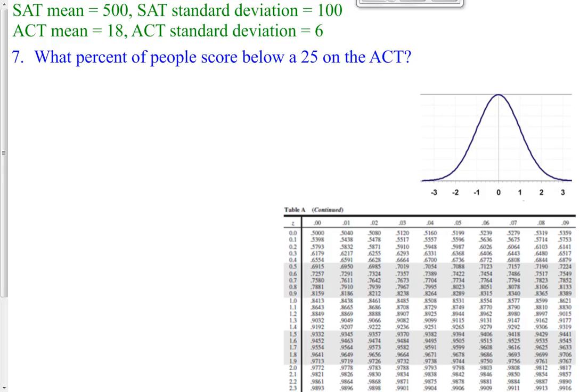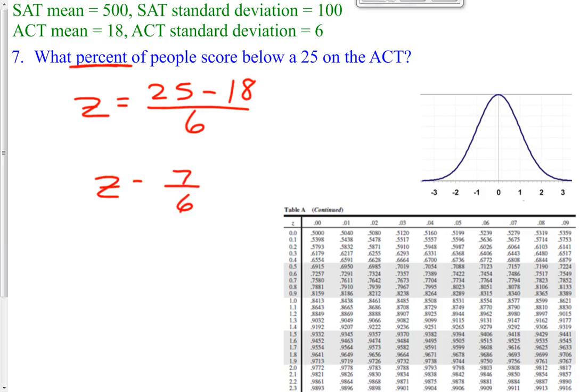What percent of people score below a 25 on the ACT? Well, to find a percent, we've got to find the z-score. So the z-score of a 25 is 25 minus the mean divided by the standard deviation. 25 minus 18 is 7, and 7 divided by 6, the z-score rounded to 2 decimal places, is 1.17.